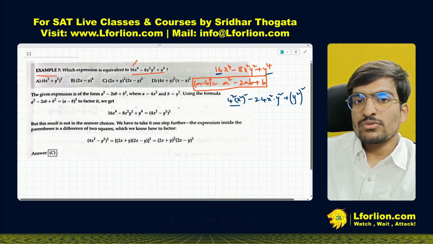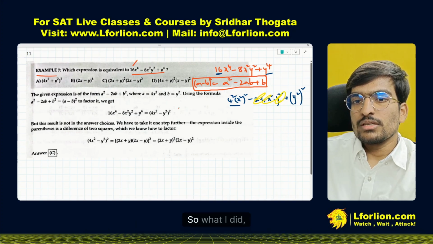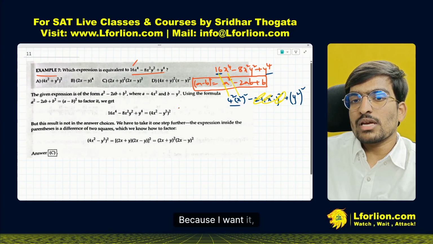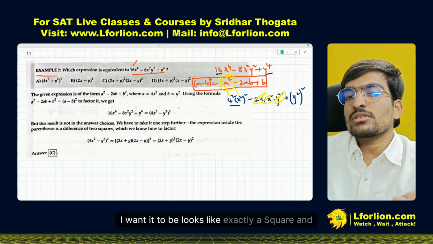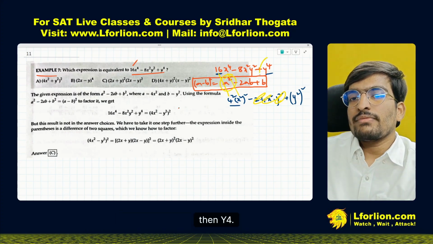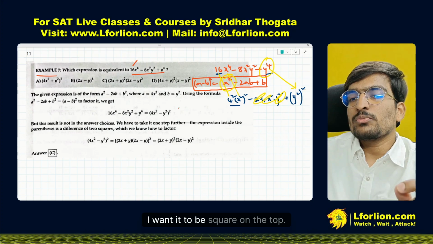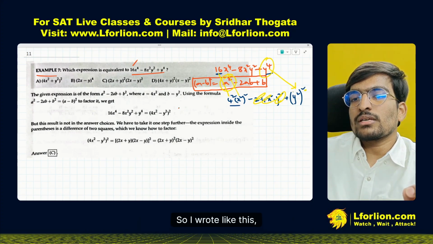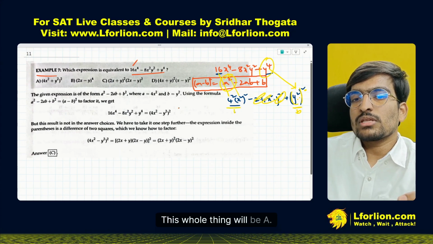If you have confusion, don't go for this one immediately. What I did: 4 square and then (x square) whole square, because I want it to look exactly like a square, and y power 4, I want it to be a square on top, so I wrote (y square) whole square. Now this will be only b, and this whole thing will be a.